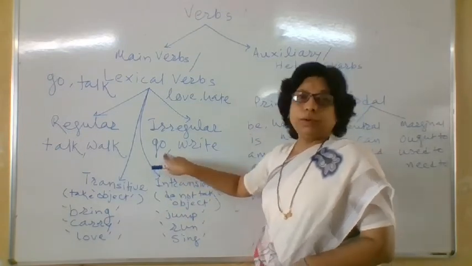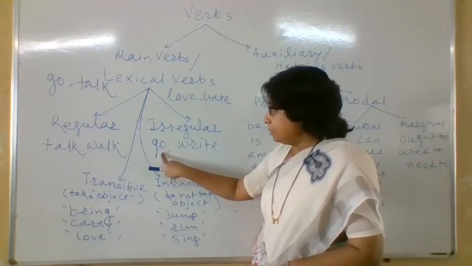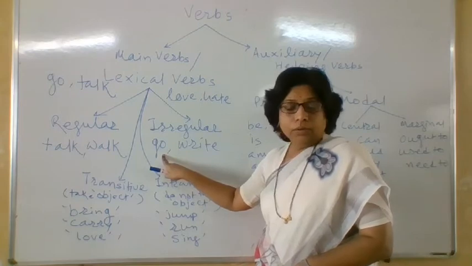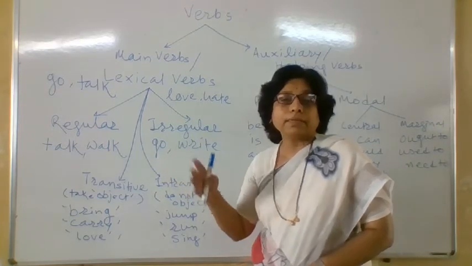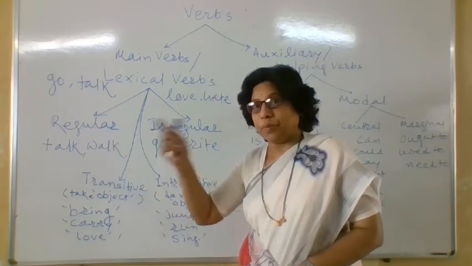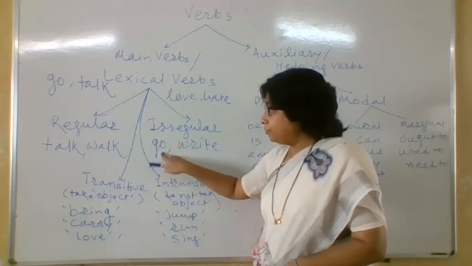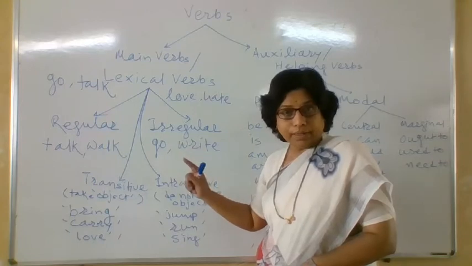For example, go, right, we cannot add just ed to this go to have its past tense form or its past participle form, because the past tense form of this verb go is went, right?